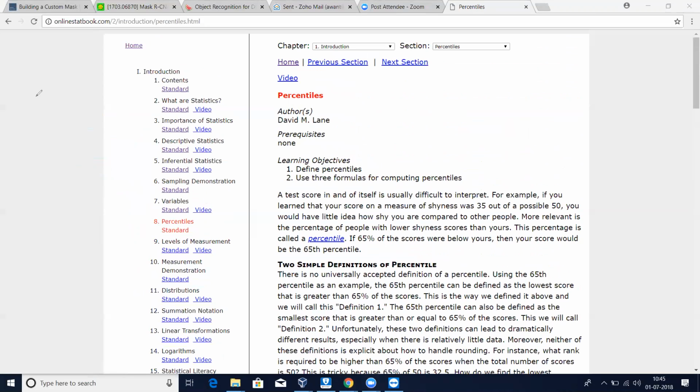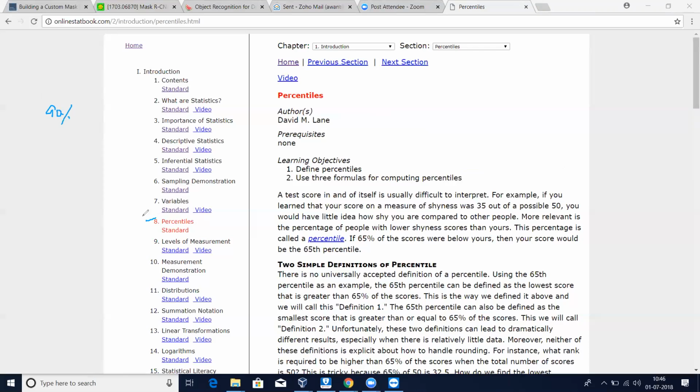So this is basically the location of data. That is what percentile is. Like, if you say I got the 90th percentile, that means 90% of people are below your number. So percentile finds where your data is located.